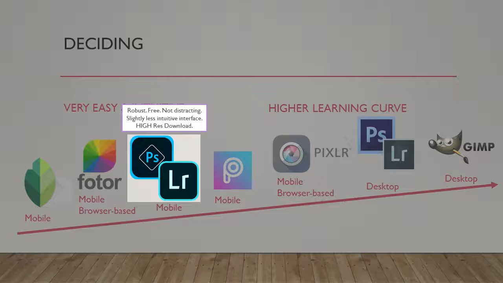They're not distracting at all. It's easy to find what you need. It's not a freemium program, so you're not going to get inundated with ads. I will say that it has a slightly less intuitive interface than something like Snapseed, that first one we were talking about, but it does offer very high resolution downloads, which I think is an important feature of these two.